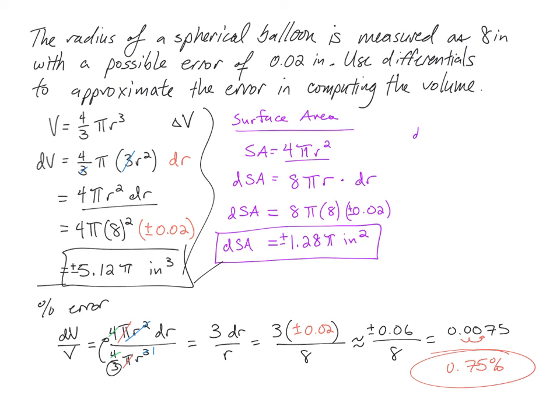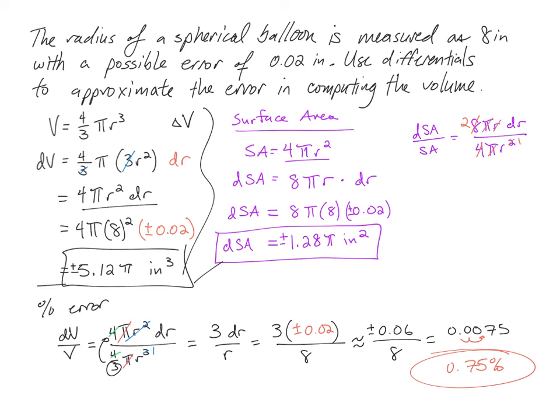Again, you would always put the differential of the surface area over the actual surface area equation. So the differential here would be 8 pi r dr over 4 pi r squared. And you could see still that there would be a lot of canceling here. The 8 and the 4 would reduce to a 2. We can take an r from there.